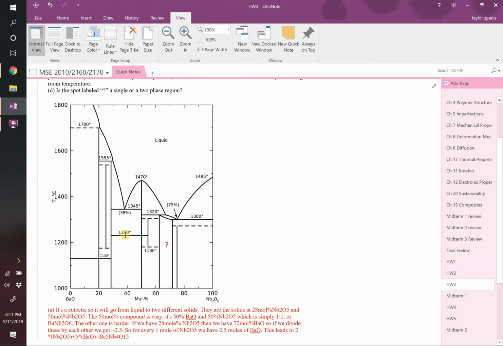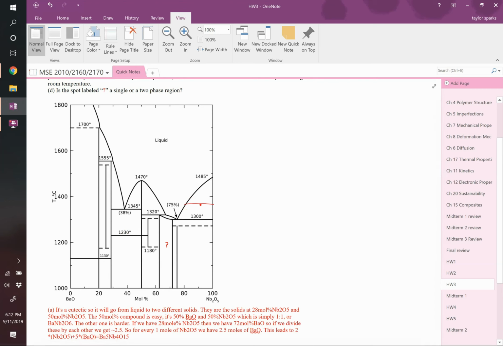I don't know your name. Lucas. How do you find the composition again? The composition? At any point, let's say you're right here, you can get the composition and the fraction of the phases with the lever rule. The lever rule will tell you the fraction, but to do the lever rule, you have to know what the compositions of them are, because that's where the tie line intersects the things to the left and right.